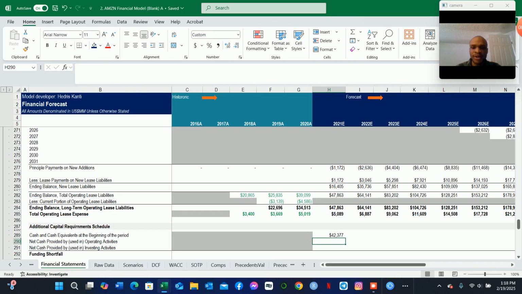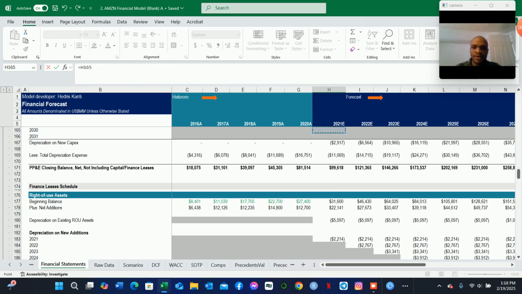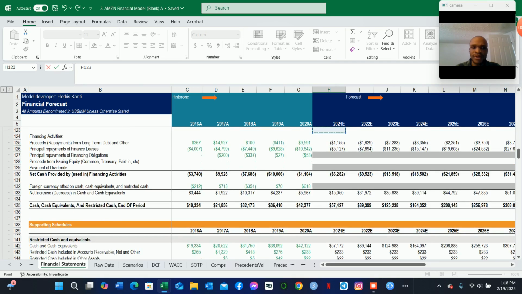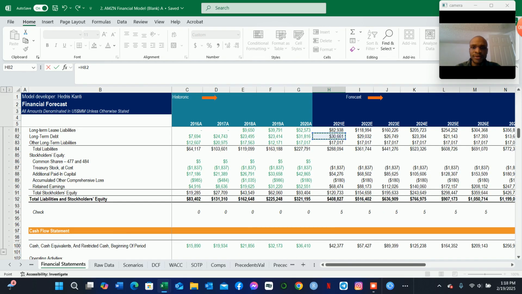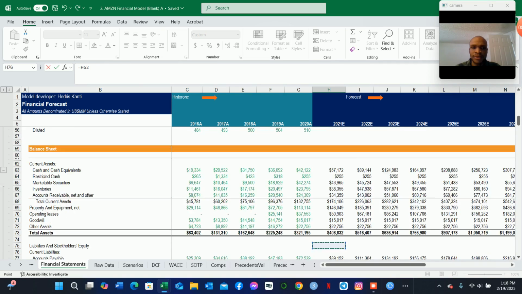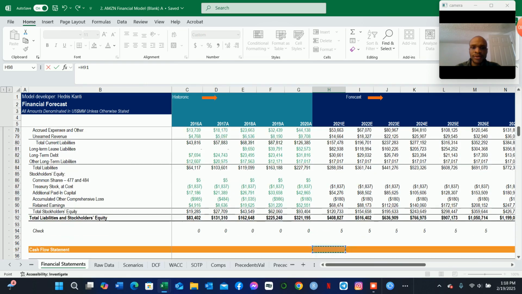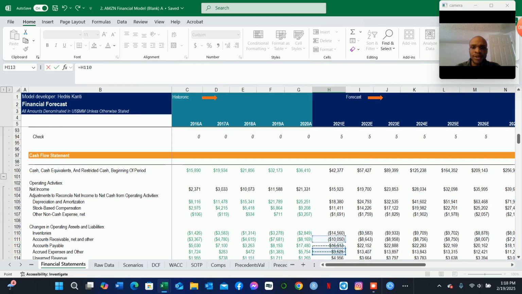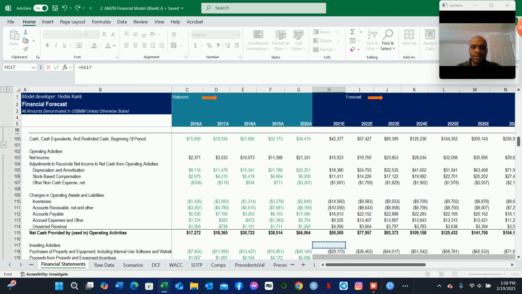And let us also grab the net cash provided or used in operating activities. We have it right here.